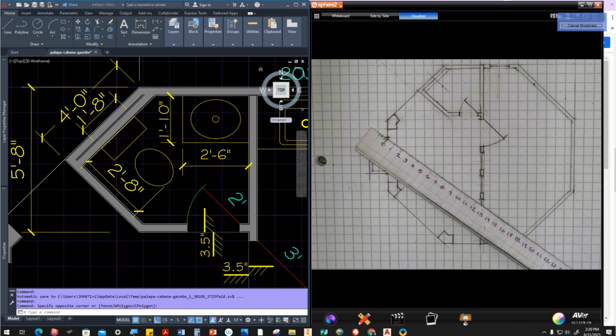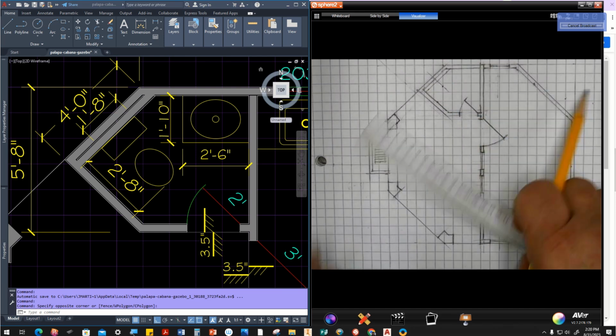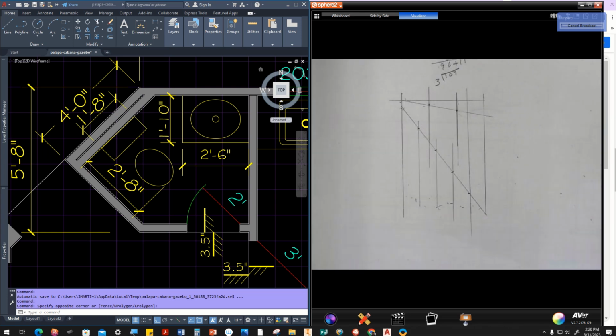Instead of doing math, half of 3 feet 6 inches is 36 plus 6, 42. Half of 42 is 21. So you would need to measure 21 here. Did I show you this yesterday? Yes, right?